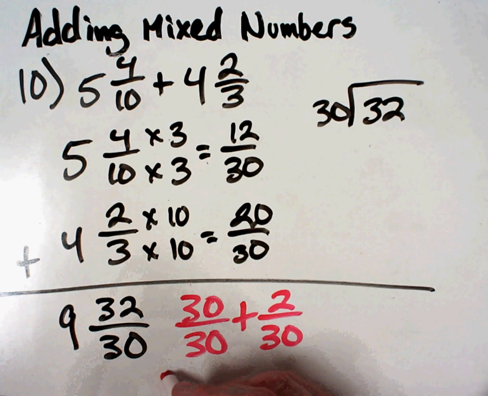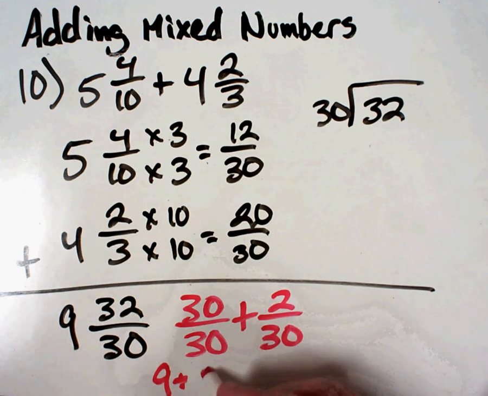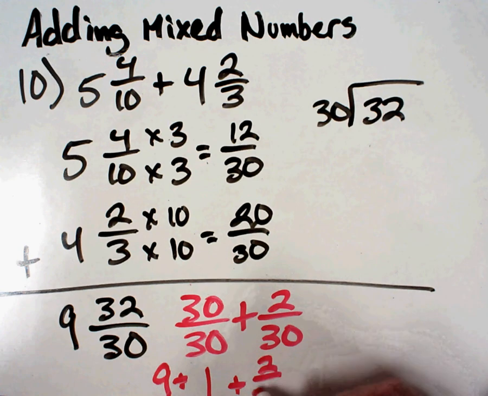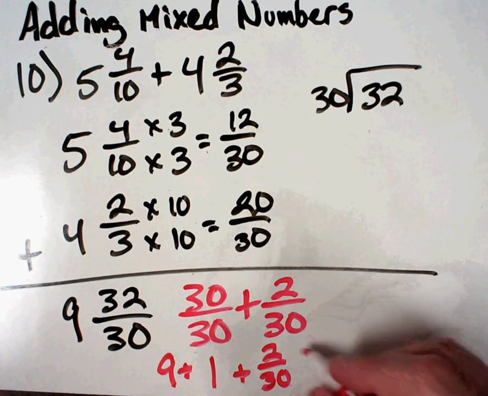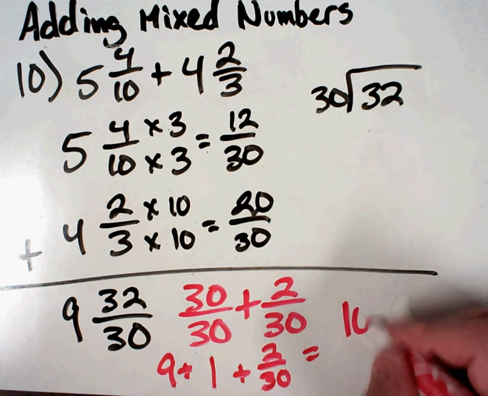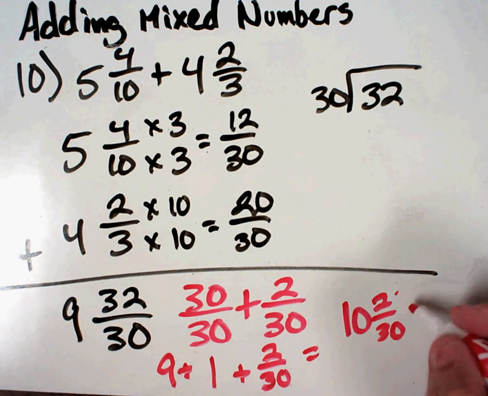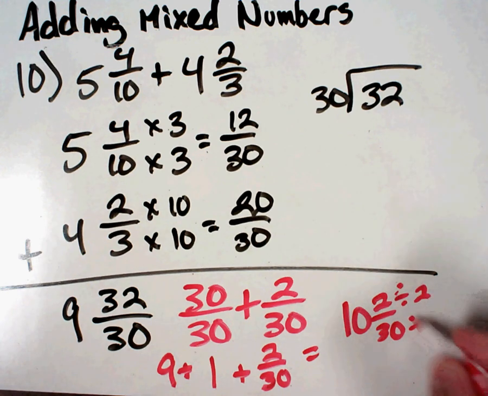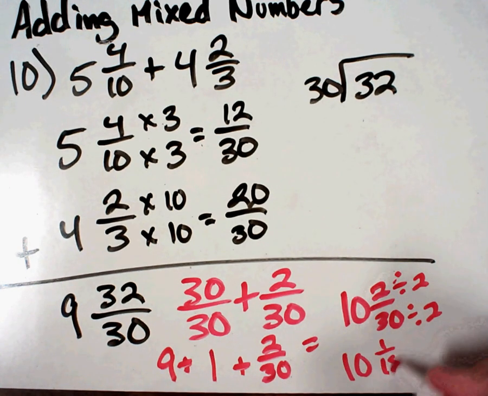So I've got my 9, then plus my 1 whole that I just pulled out, plus my 2/30, which is left over, just gives me 10 and 2/30. Of course, then I have to simplify, so divide top and bottom by 2 because both are even numbers, and I end up with 10 and 1/15.